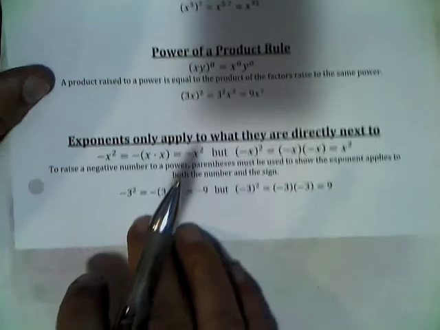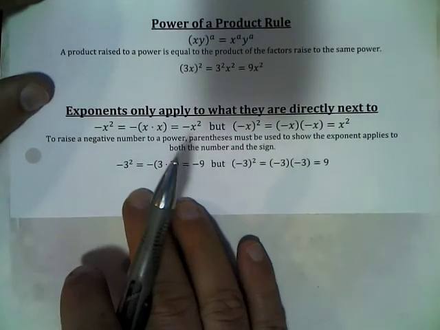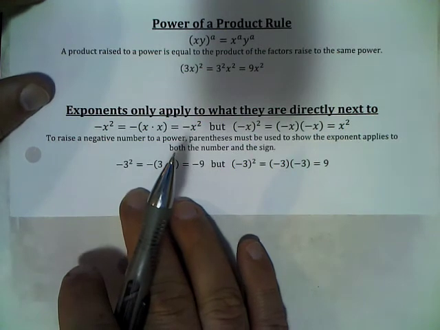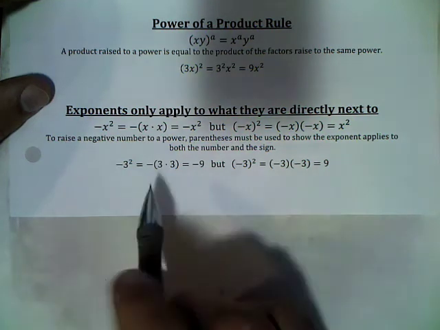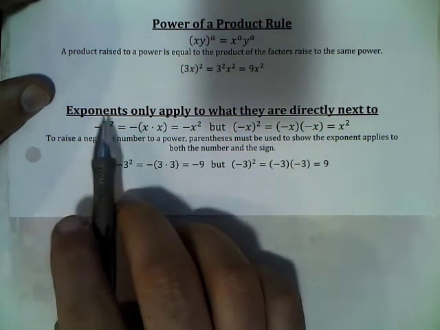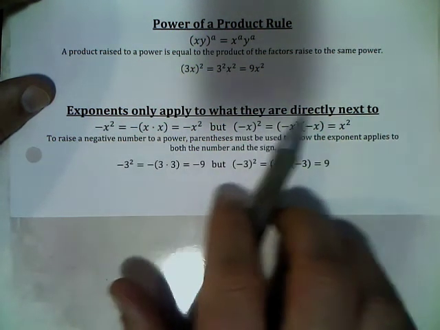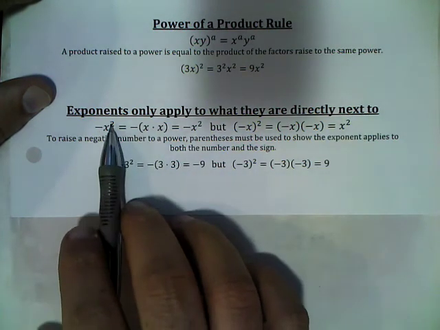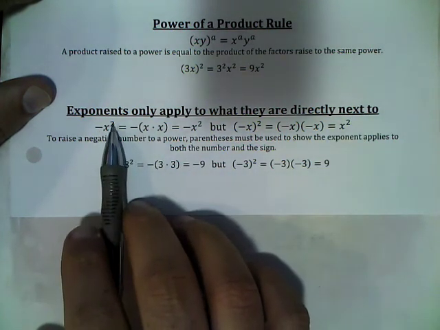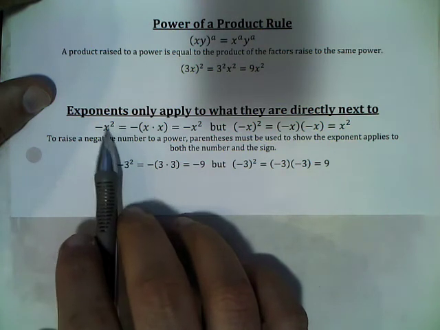And then finally, the last thing that we have to keep in mind isn't so much a rule as much as it is we just need to understand what things mean. So, for example, exponents only apply to whatever they are directly next to. So if we have a negative x squared, this exponent is directly next to this x, just the x.